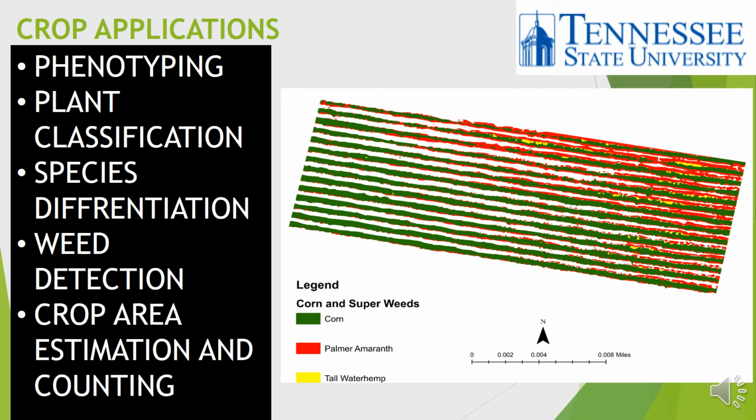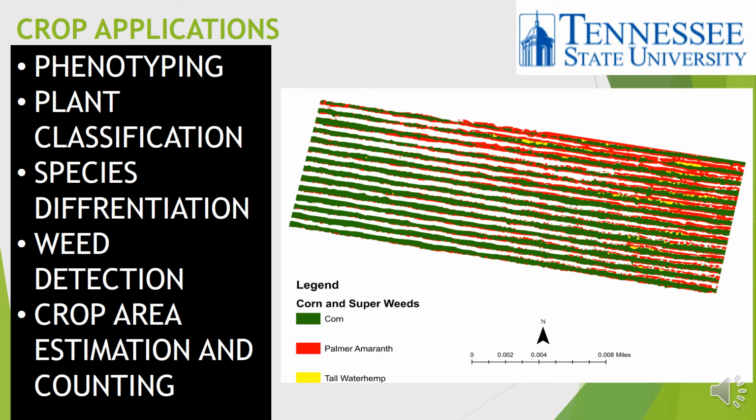The second is plant classification. We can use drone technology to map and classify crops in broader classes such as feed crops, vegetables, oil crops, and industrial crops.